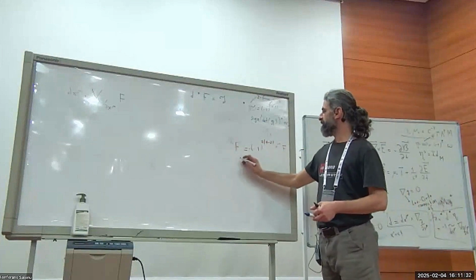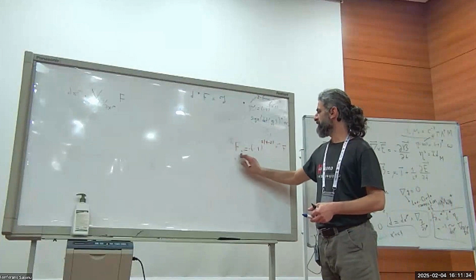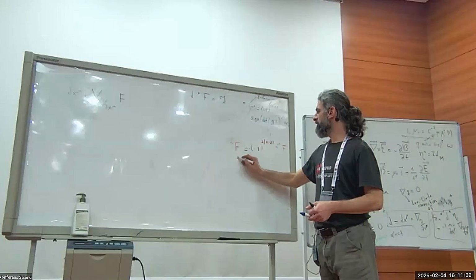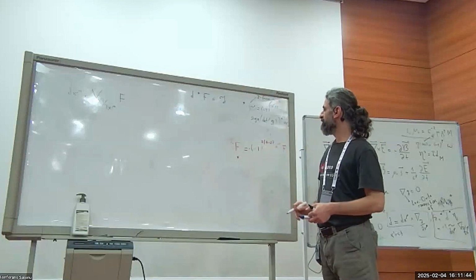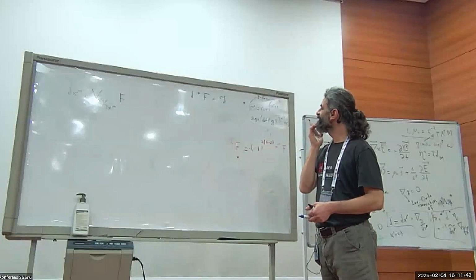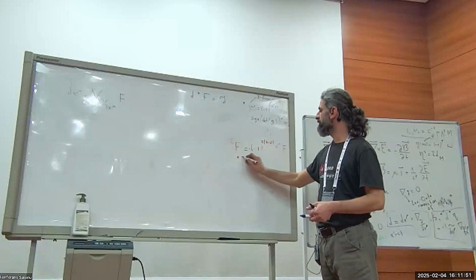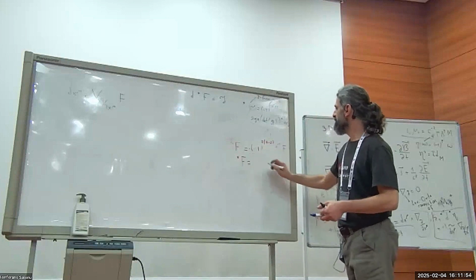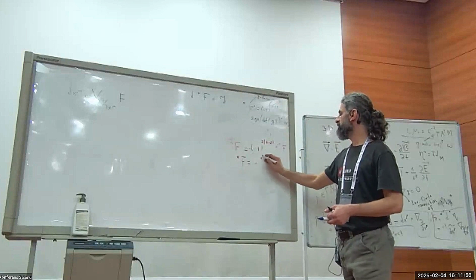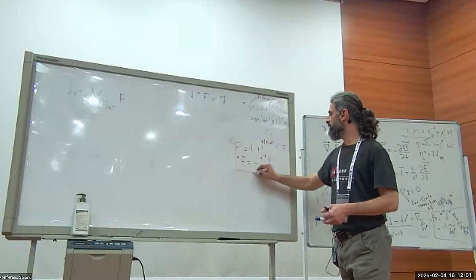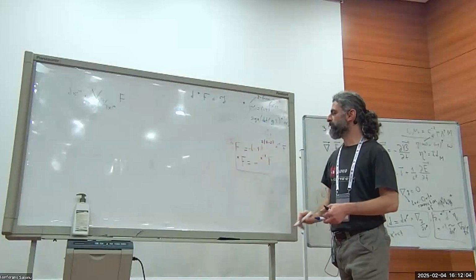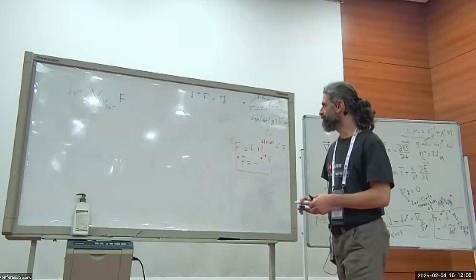So star F is minus, or star inverse F. This will be for a 2 form, okay?